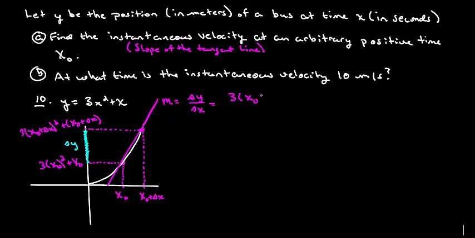So it's going to be 3 times x naught plus delta x squared plus x naught plus delta x minus this guy down here. So minus 3x naught squared minus x naught. Remember, we have to subtract both these guys off. So what I've just computed here is this length in blue.